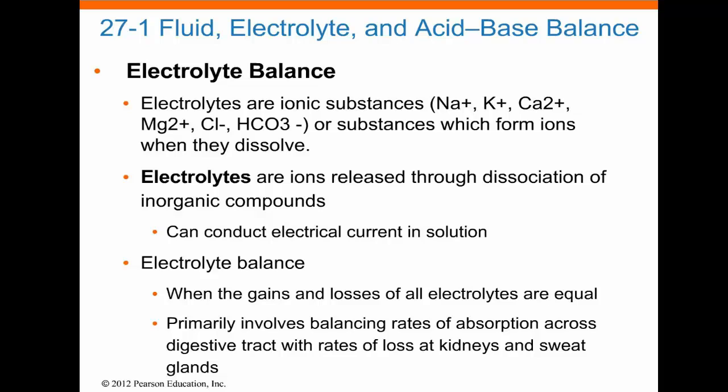Electrolyte balance, when gains and losses of electrolytes are equal, primarily involves balancing the rates of absorption across the digestive tract and the rates of loss at the kidneys and the sweat glands. So the body is forever gaining or losing water to maintain homeostasis.